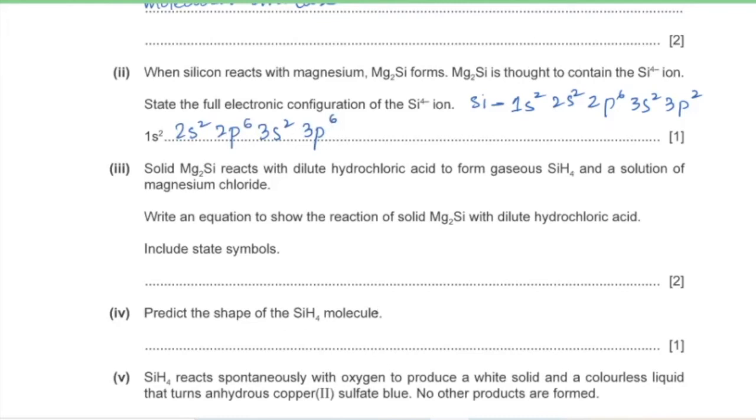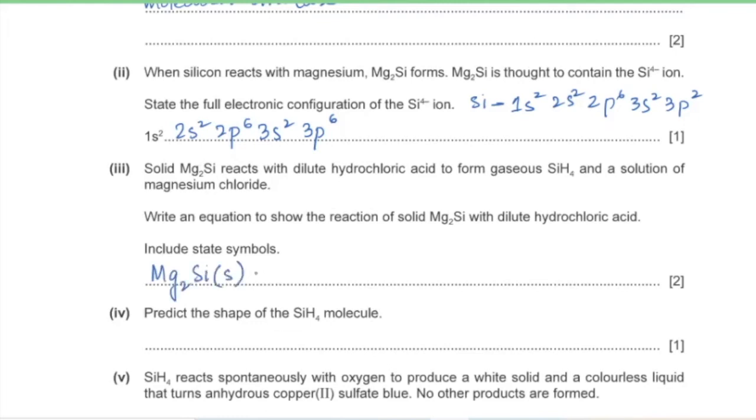Part 3, solid Mg2Si reacts with dilute hydrochloric acid to form gaseous SiH4 and a solution of magnesium chloride. Write an equation to show the reaction of solid Mg2Si with dilute hydrochloric acid. Include state symbols. So Mg2Si is in its solid form.